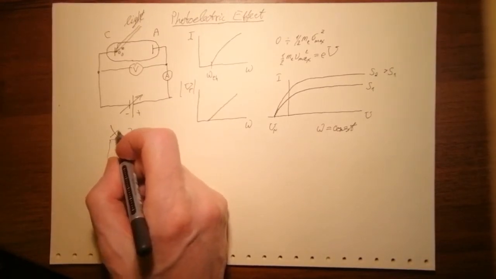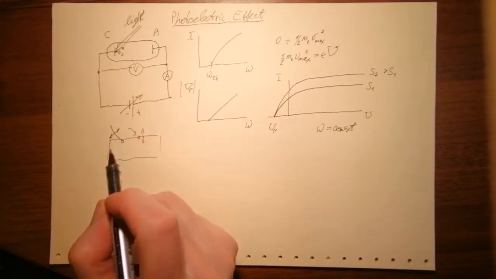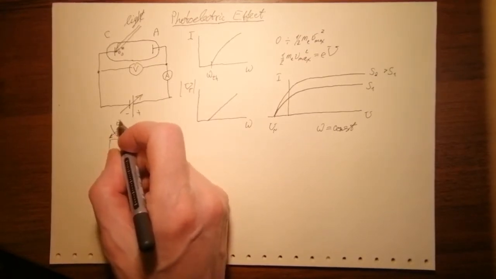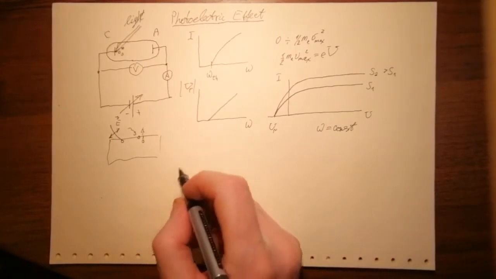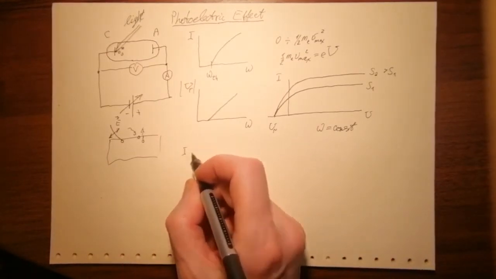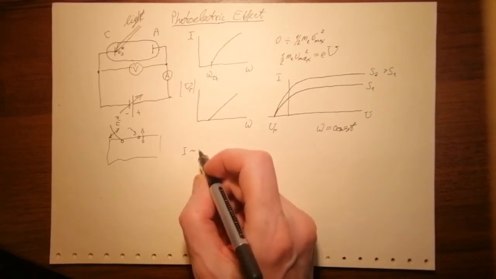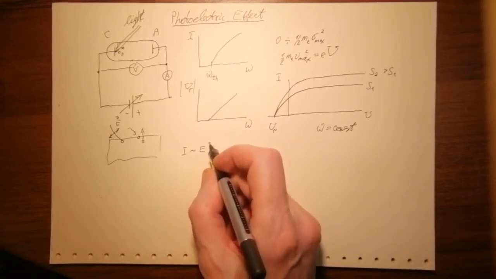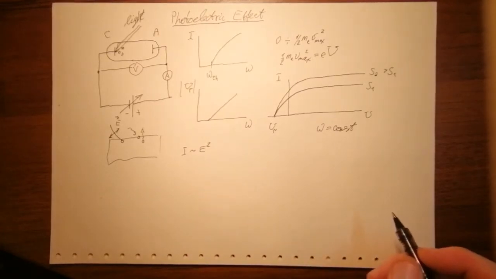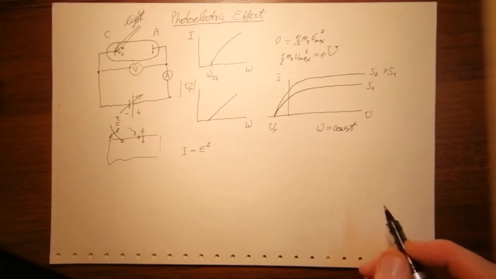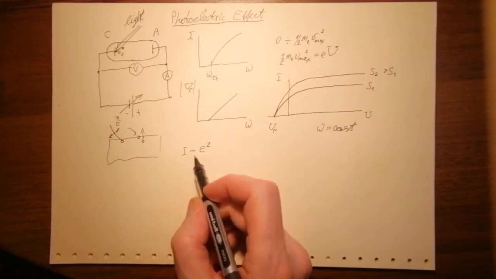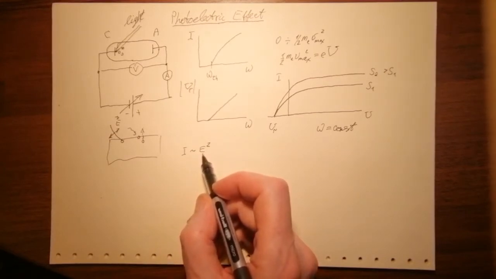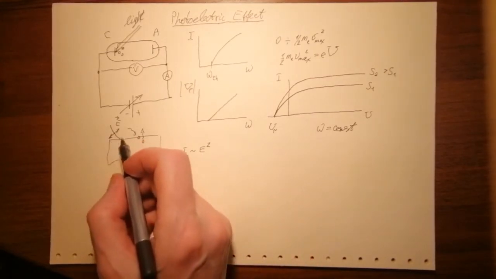Light has an electric field, and we remember that intensity is proportional to E squared. So the greater the intensity, the greater the amplitude of oscillations in light.